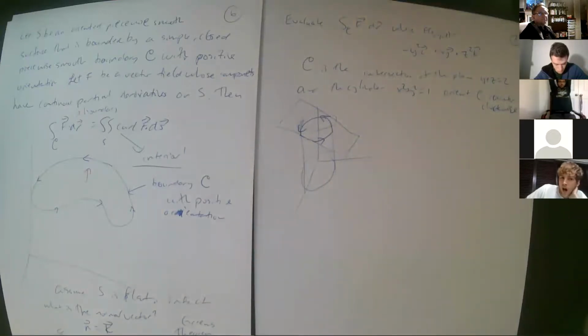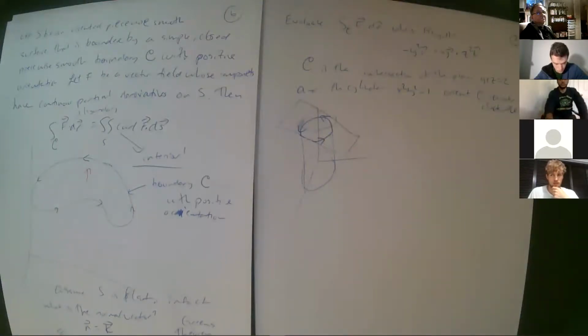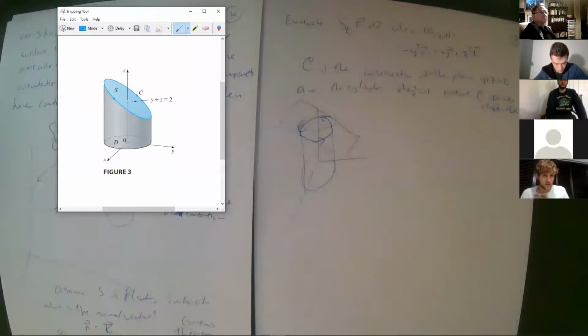I'm going to take a picture of this, it's a nice picture. And so Stokes' theorem says that, instead of computing this line integral directly, I'm going to compute the surface integral.